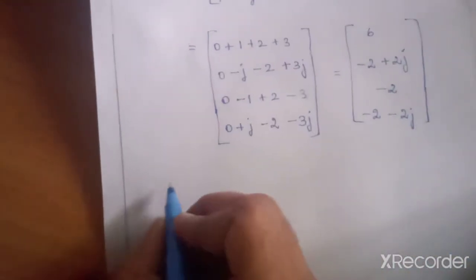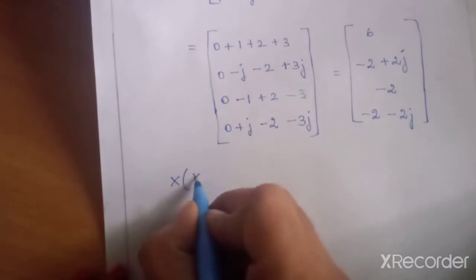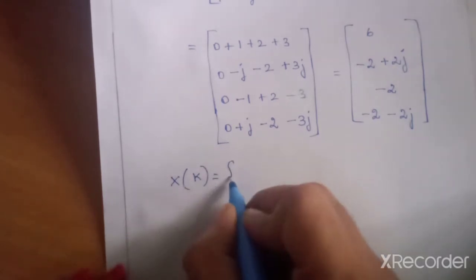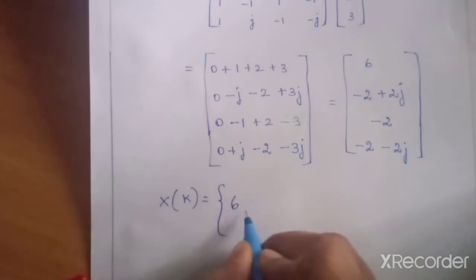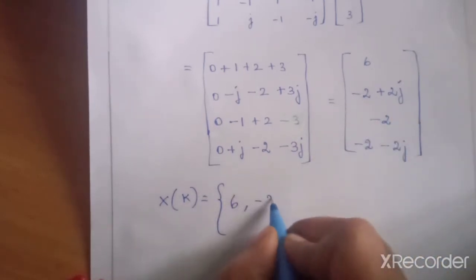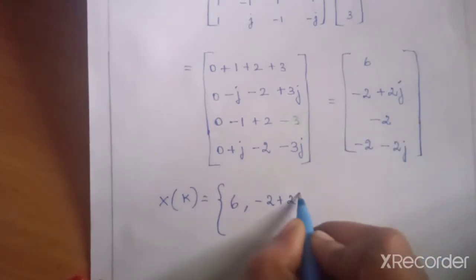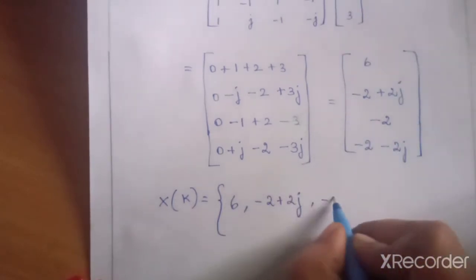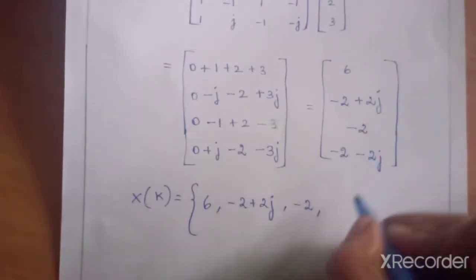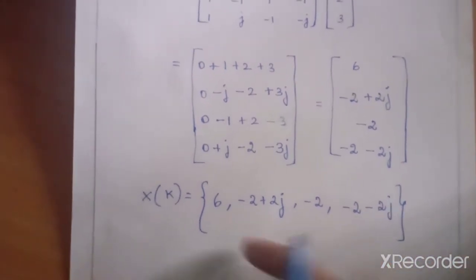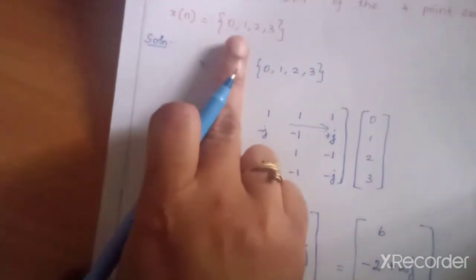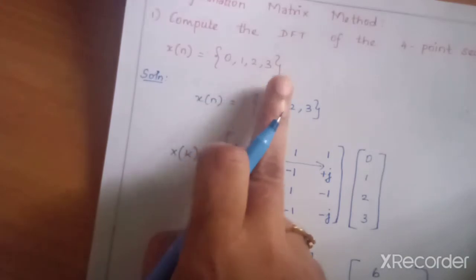You have to write the answer like this: X of k is equal to 6, minus 2 plus 2j, minus 2, minus 2 minus 2j. This is the answer for the given x of n 0, 1, 2, 3.